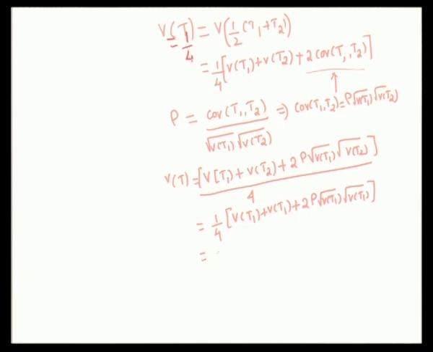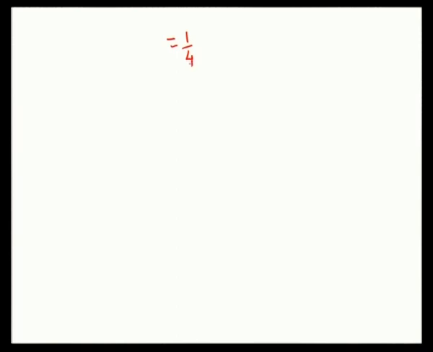So, this will become 1 by 4 variance of T1 plus variance of T1 plus 2 into rho of, here it is variance of T1.